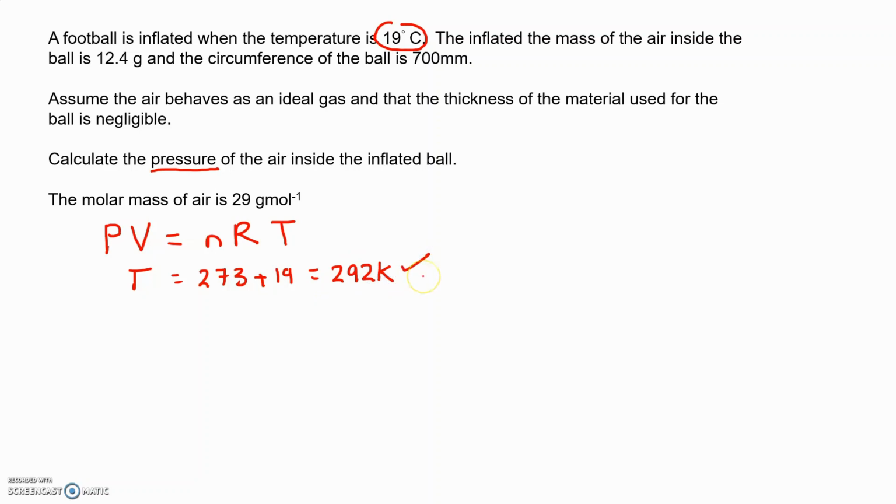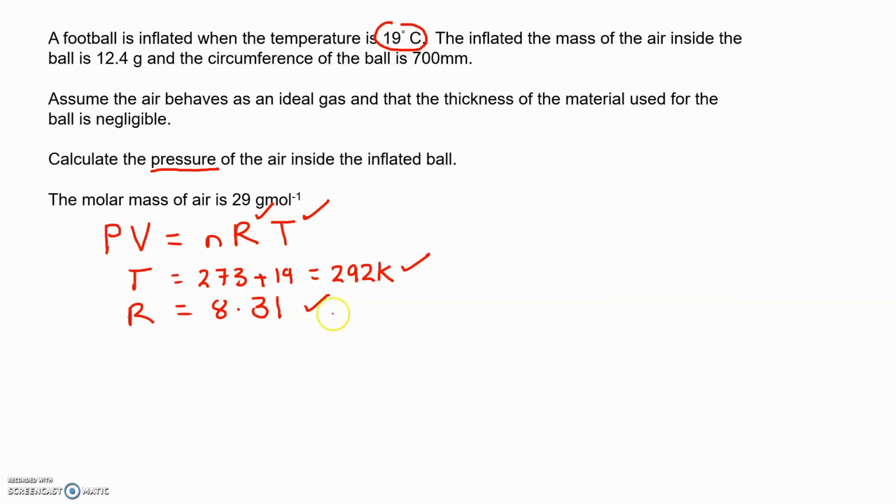And you actually get a mark for changing the temperature into Kelvin. Now we've got T. R is the gas constant, which is equal to 8.31, and that would come from the data book.